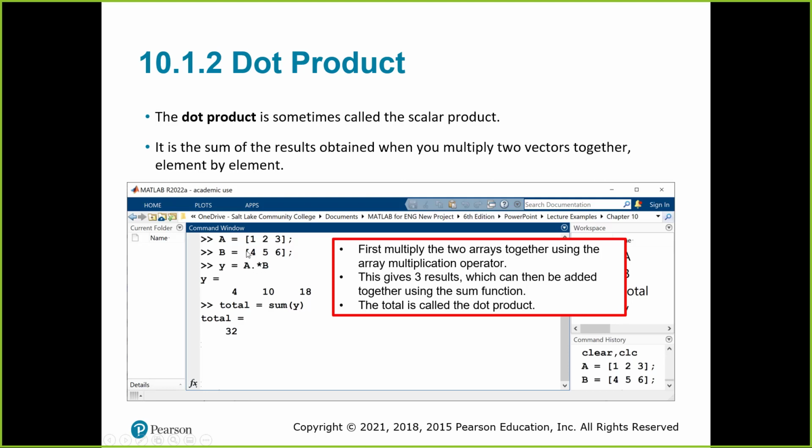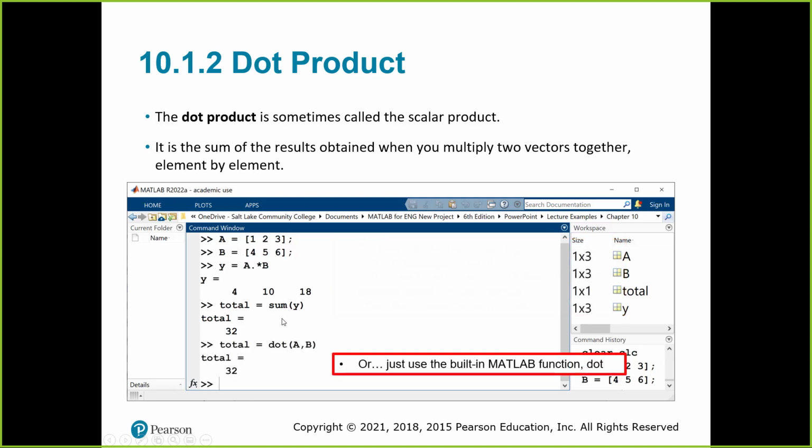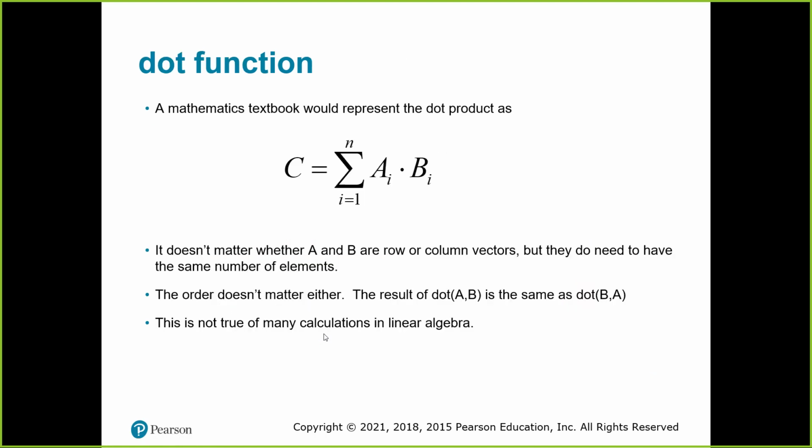So here is the drawn out way to do the dot product, and here it is with just a simple single line dot product. So that's what a dot product does. And mathematically, it's represented as the sum from 1 to the number of elements of A times B. So you multiply them, add them together, and that gives you the dot product.